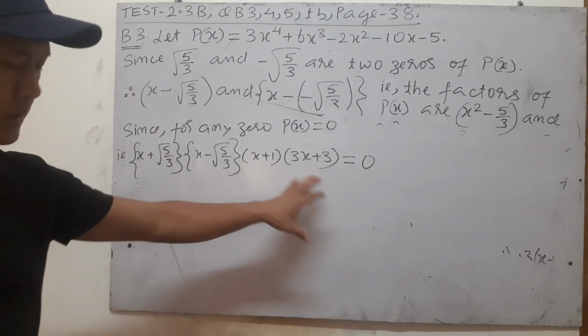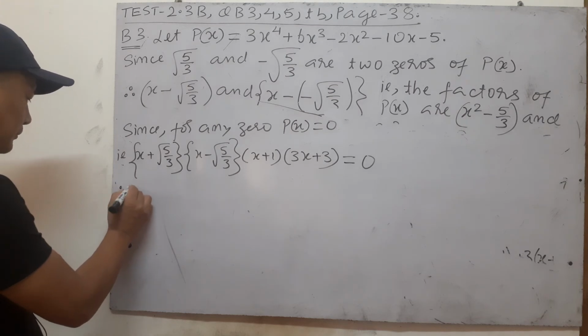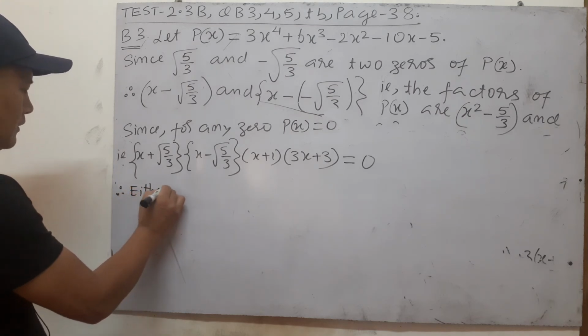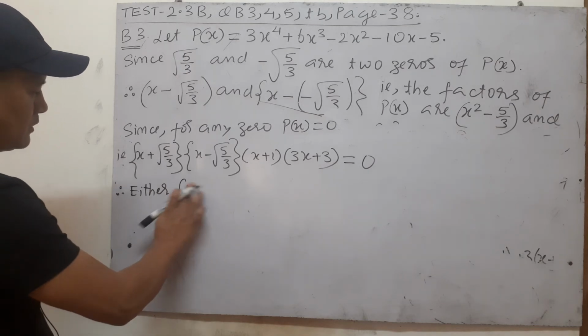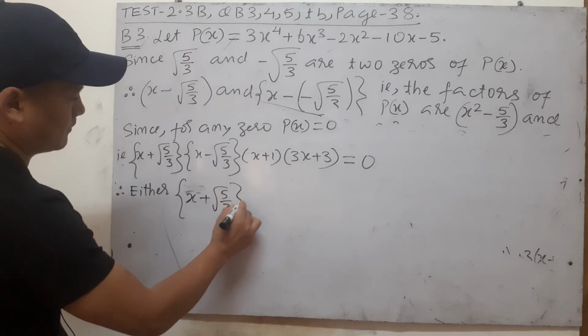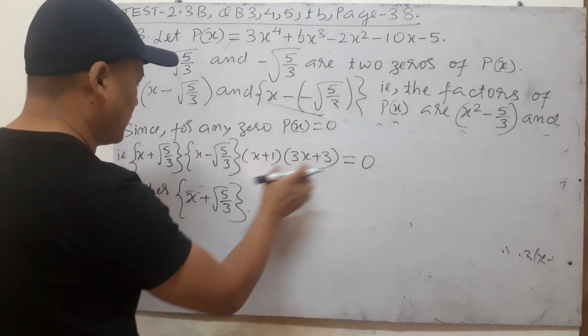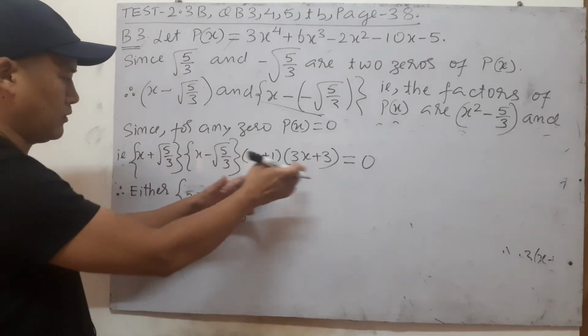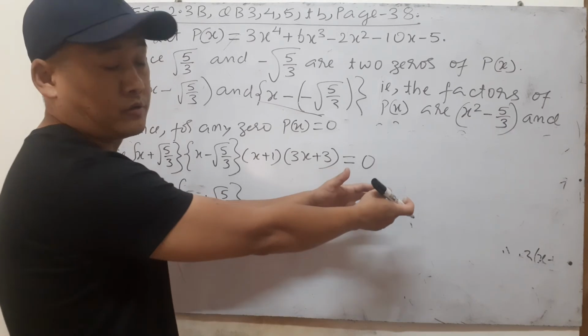Now, since it's completely factorized, we can find the zeros. Therefore, either the first factor x plus root 5 by 3 should be equal to 0, or this one, or this one, or this factor should be equal to 0.